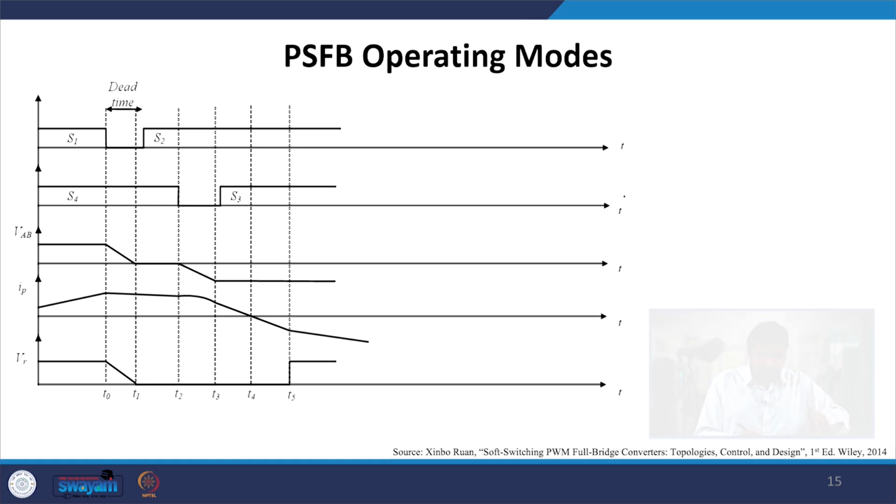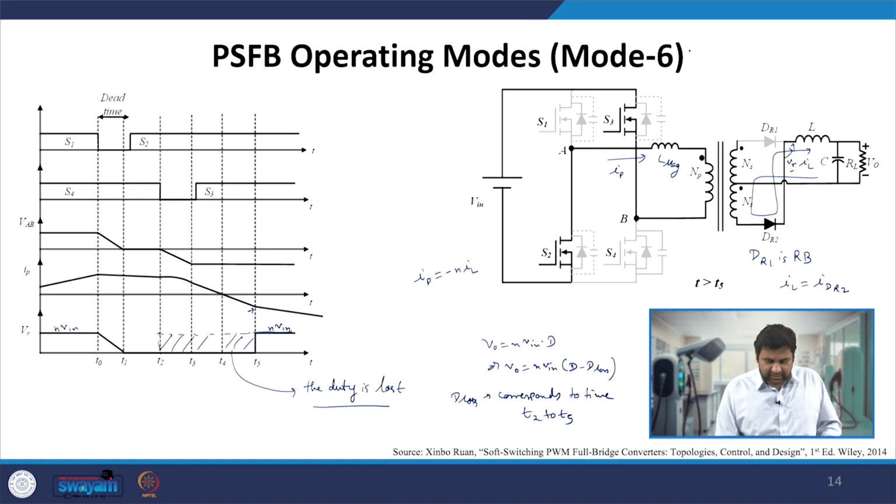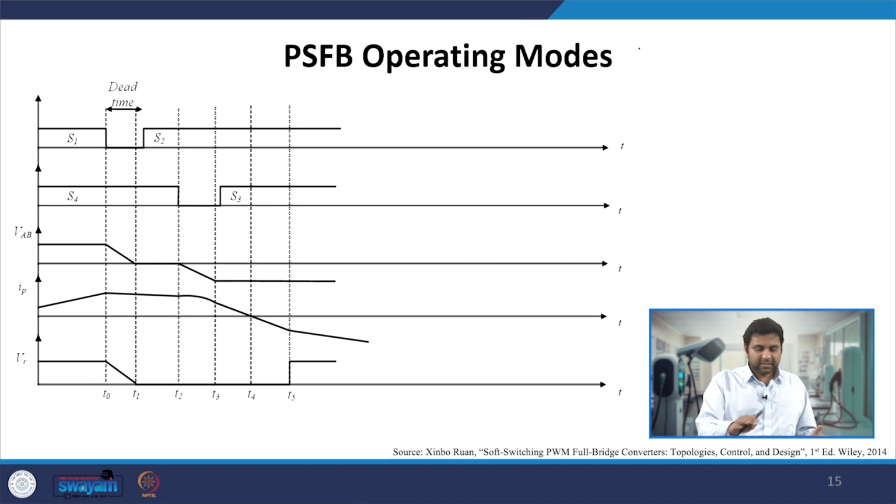So up till now we have discussed the diagonal switches S1 and S4 changing their state. Now we will see when S2 and S3 are changing state.